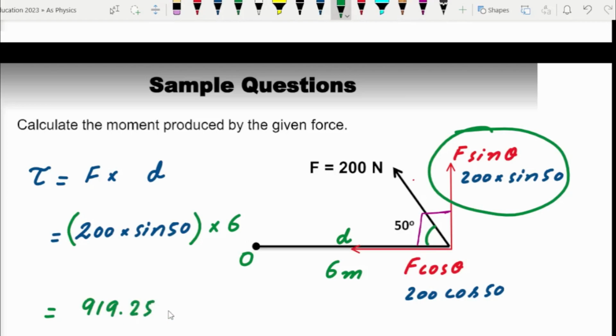919.25. Since the lowest data is in 1 SF, so अगर आपने 1 SF में करना है तो round off कर लो. It would be 900 newton meters. If the distance were given as 6.0, 2 SF में given होता, we could have been writing 920.